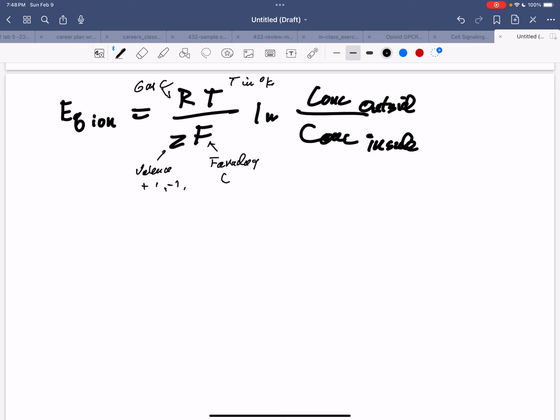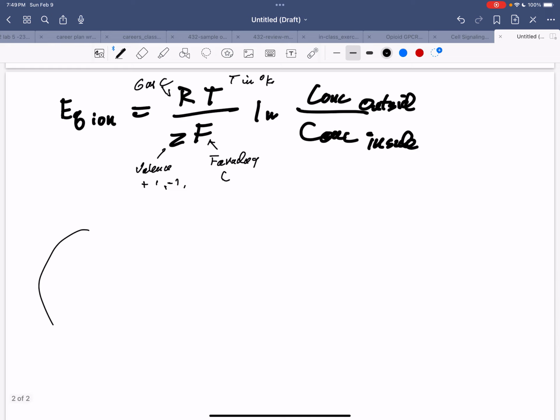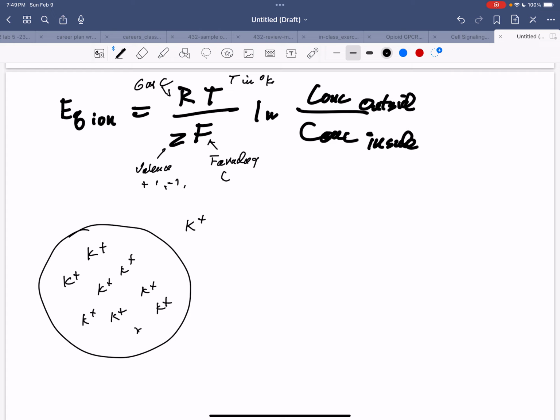But what do these all represent? So let's look at a cell that might be in an equilibrium with about 1 potassium outside for about 10 potassium ions inside. And the question is, what's going to put that in equilibrium if there are channels open for the potassium to get in or out?